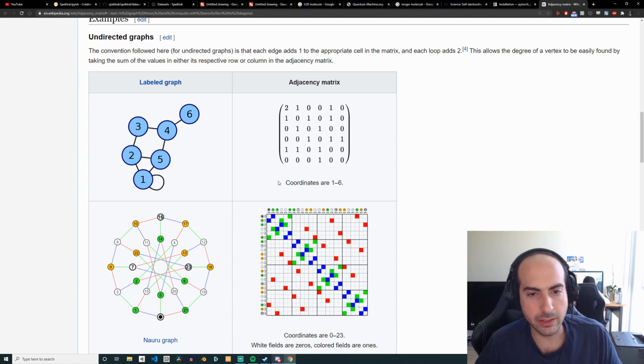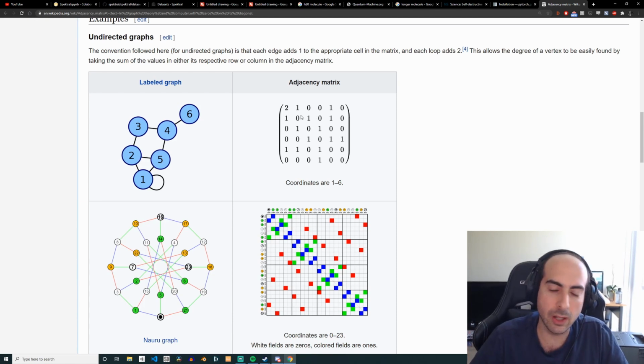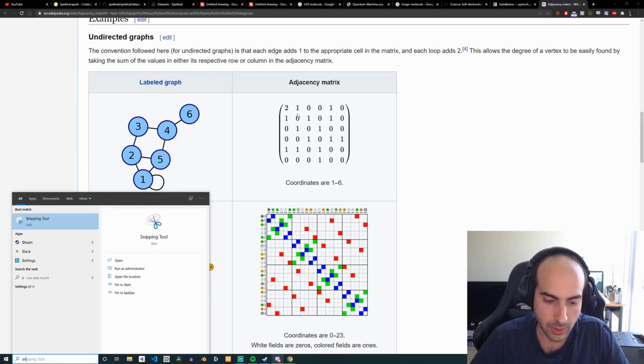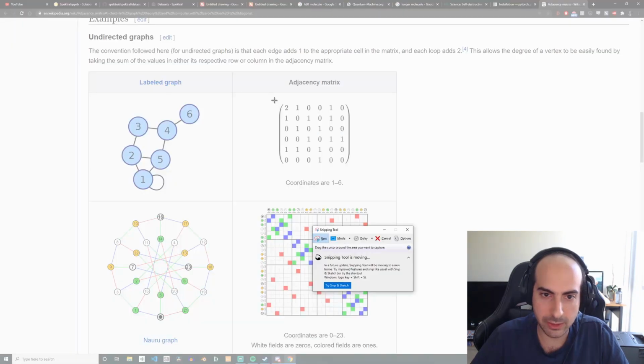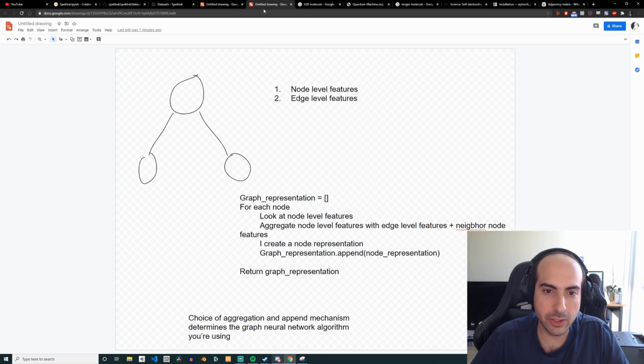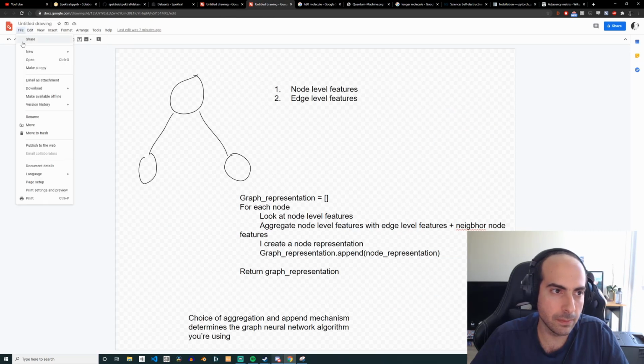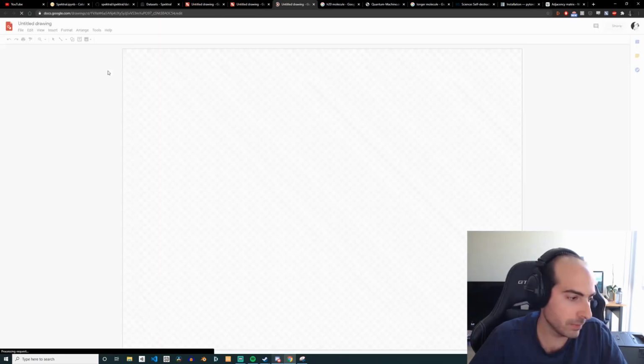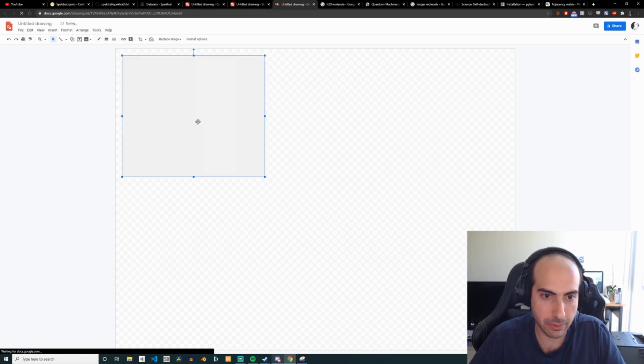But typically in deep learning, we have a tendency to always work over batches of graphs. Let's say we had a matrix like this, and we don't have just one molecule, maybe we have 100 molecules that we're working with.